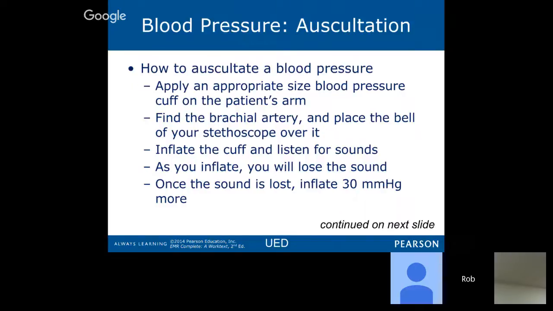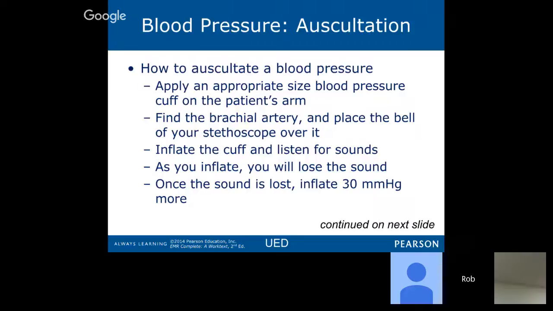Your automatic machine just gave you a bad reading. I highly recommend, and actually the state says for EMS anyway, that you have to take your first blood pressure with a manual blood pressure cuff. So you don't get caught by that. Some people get all weirded out by it. So once again, it goes back to treat the patient, not the equipment, right?